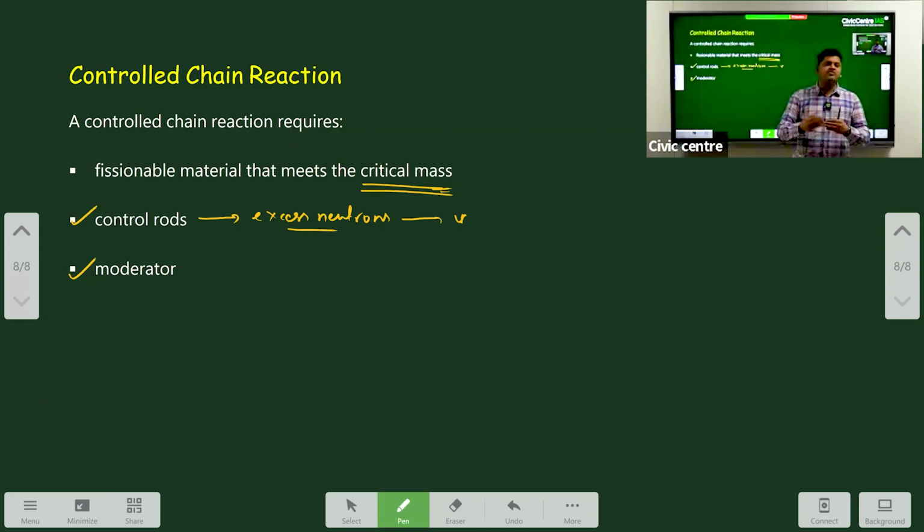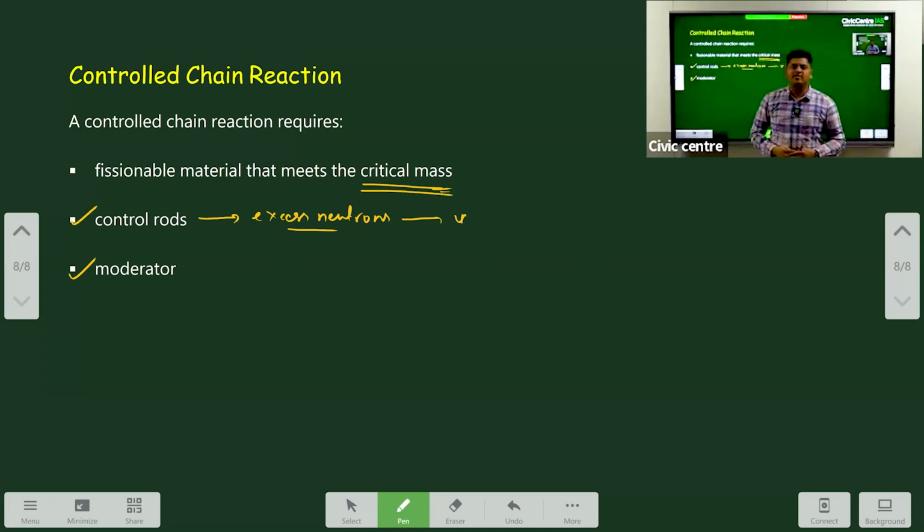And mostly, because of the force which was created, they are too fast, so the reaction won't be able to proceed, because the nucleus of the uranium is not able to catch them. So the moderator increases the efficiency by moderating the speed of the neutrons, and thus it leads to a self-sustained reaction. So these are the three main important things of the controlled chain reaction.